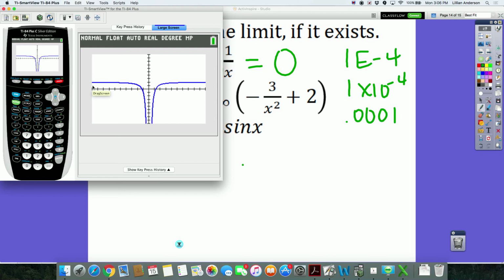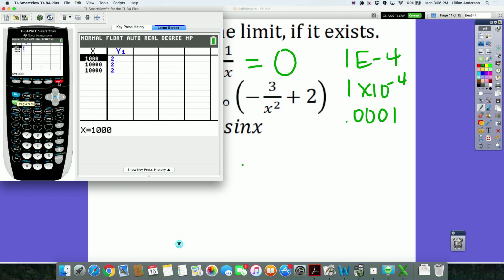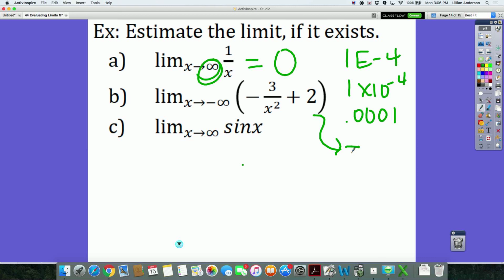Now, I don't know about you, but I can't really tell if that's a 2 or a 3. So I'm going to look at my table. I could zoom out if I wanted to, but I'm just going to go to my table. At -1,000, -10,000. Oh, looks like it was a 2. So the limit is equal to 2.